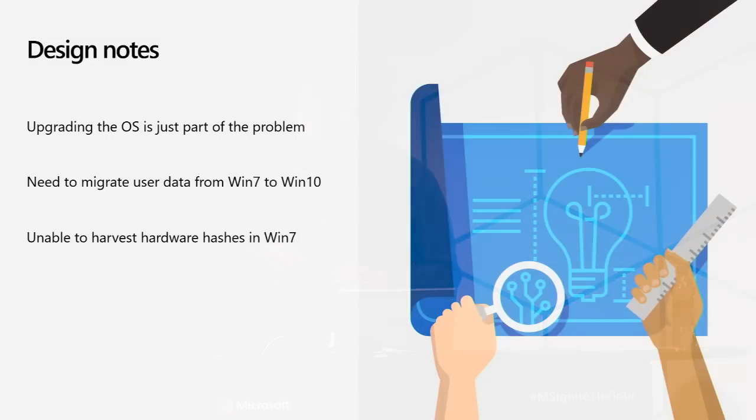And what we saw was, well, upgrading the OS is just a piece of the overall problem. We also needed to solve the problem of migration of user data from Windows 7 to Windows 10. And again, the key problem here for us is that you're unable to harvest hashes in Windows 7, so you're unable to register Windows 7 devices into Autopilot.